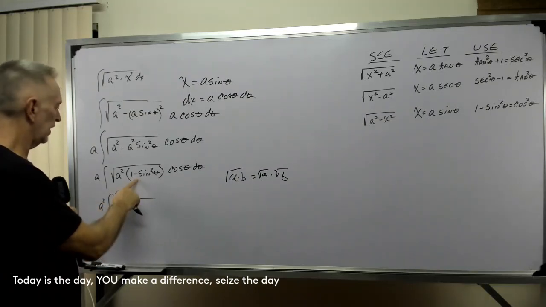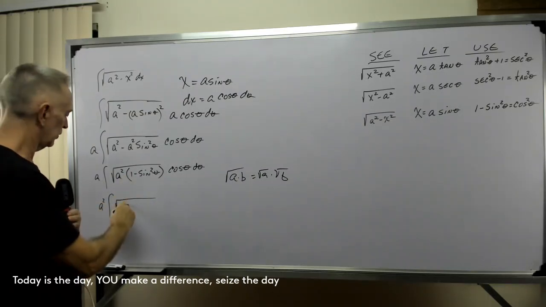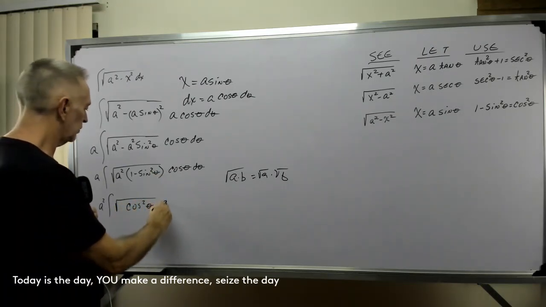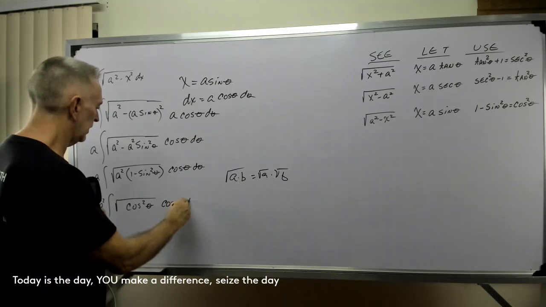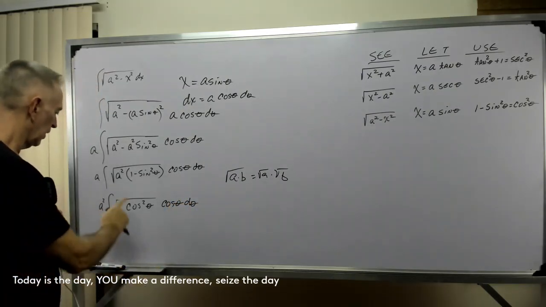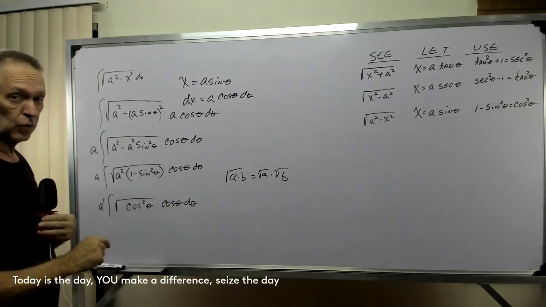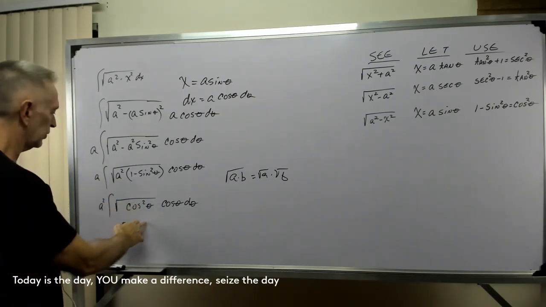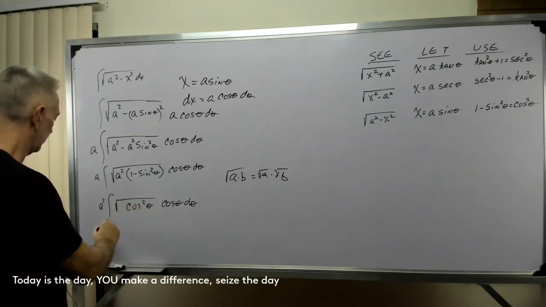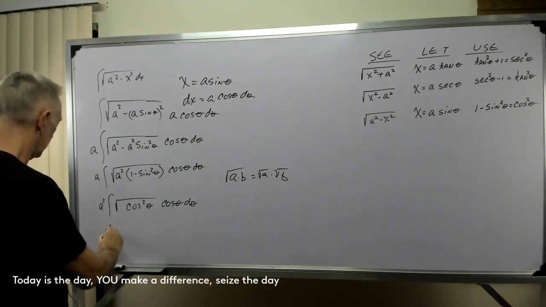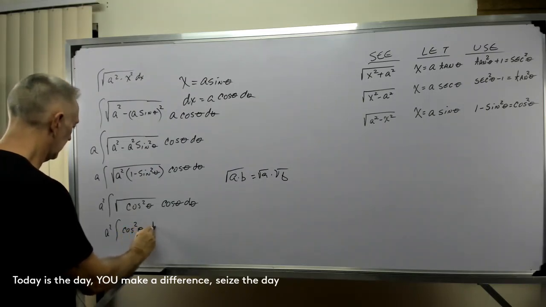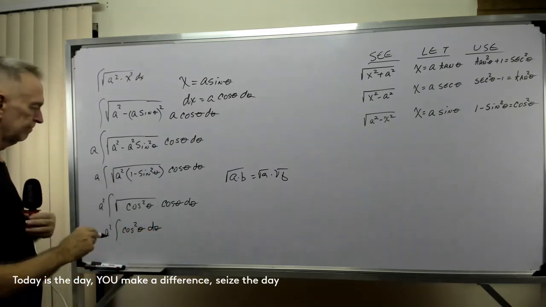But I still have 1 minus sine squared, which is cosine squared theta, times cosine theta d theta. The square root of cosine squared is cosine. So that cosine times this cosine gives me cosine squared. So I still have the integral of cosine squared theta d theta. Okay?